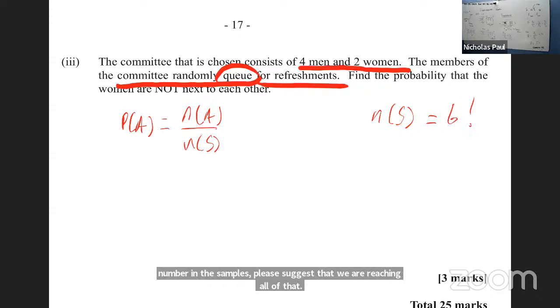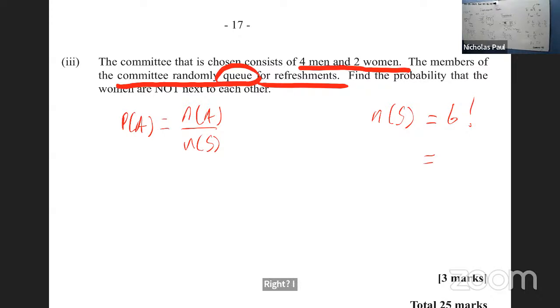That's the total possible, arranging all of them, treating them as 6 different people. How much is 6 factorial? 720. So those 6 people could be rearranged like that.